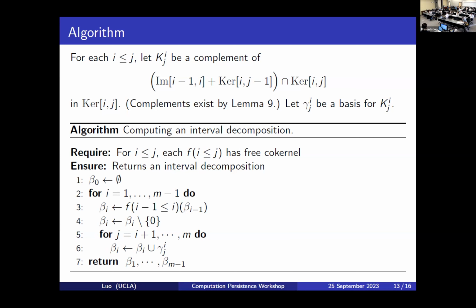Specifically, we take the basis from the previous step, push it over with the structure map from I minus 1 through to I, and then throw out the 0 stuff.